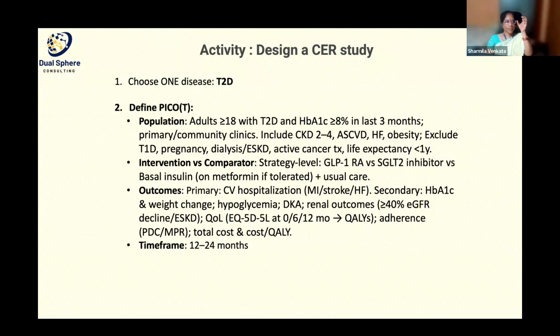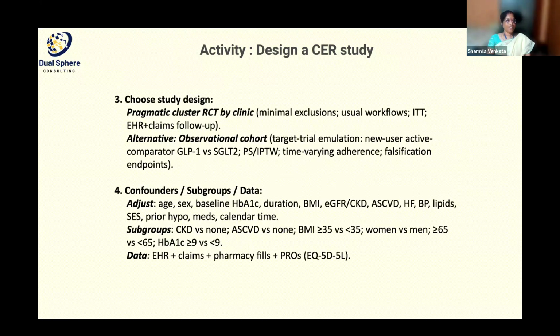I have done this activity for type 2 diabetes. In the same way, you do it for hypertension in elderly patients. So the disease here is type 2 diabetes; you choose hypertension in elderly patients. Do this activity for the next session.